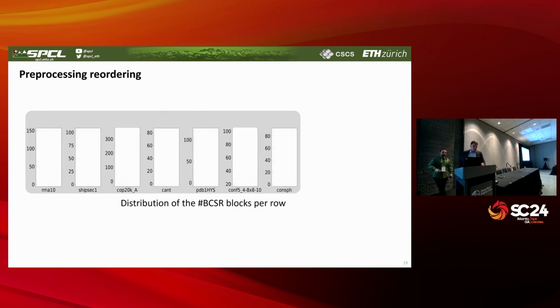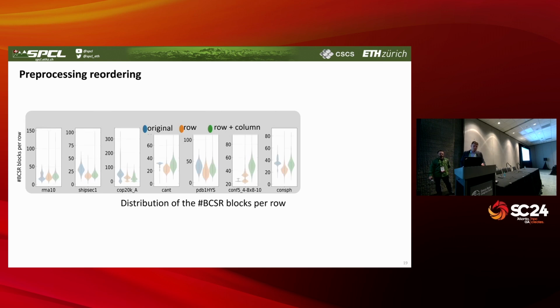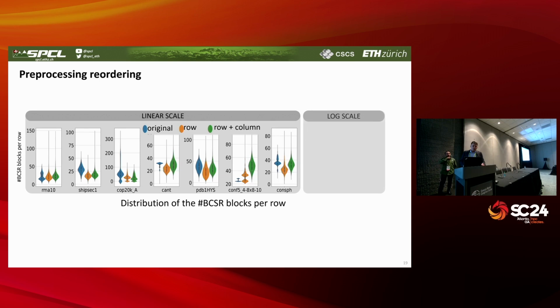Okay, so now we show, as Greg said, the number of blocks per row on the y-axis, and we show it for the representative matrices from SpMM. So from the violin plot, we can actually see the distribution of the number of BCSR blocks per row. On the left, we have the linear scale for the representative matrices, yet on the right, we've got the log scale.